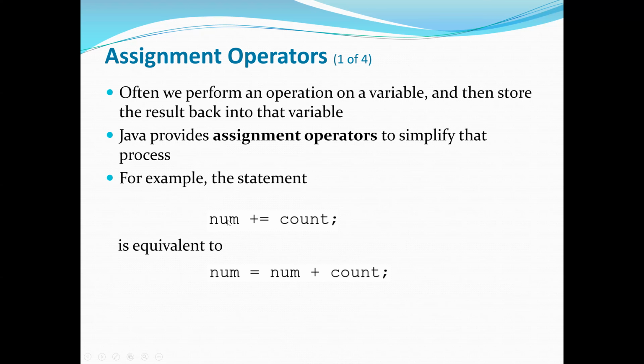We can write it in this form, num plus equal count. Num plus equal count means I'm going to add count to num, and I will assign the result back to num again. So we sometimes call this a shorthand. Num equal to num plus count. The short form is num plus equal count.